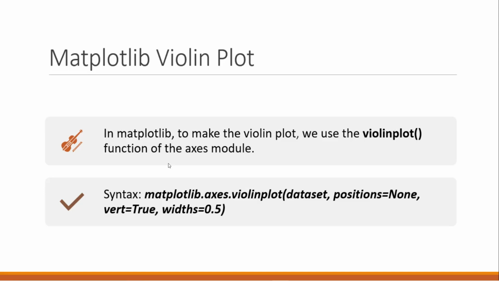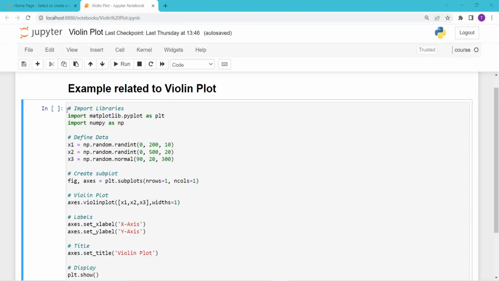So now we will see an example to clearly understand the concept of a violin plot. So here is the code. Firstly, I import the matplotlib.pyplot library as plt. After that I import the numpy library as np.